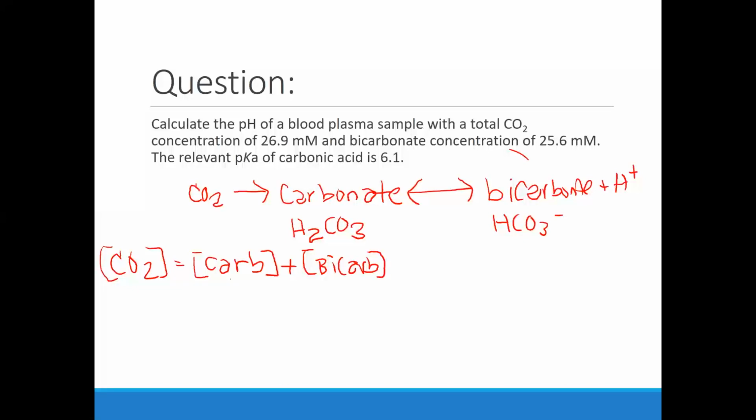Okay, so again, we know what the acid base pair are. That is the carbonate. We call this HA, the acid. And its conjugate base is the bicarbonate.